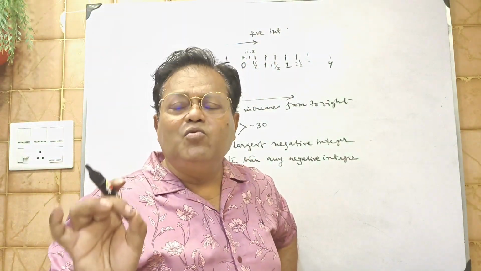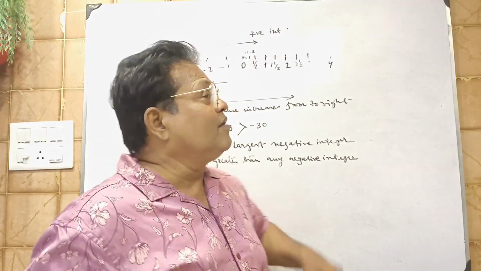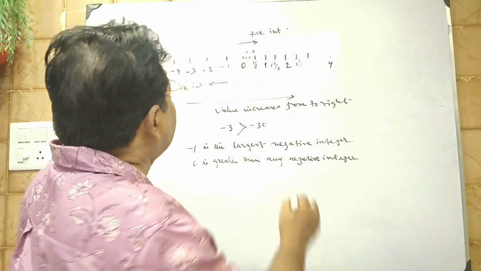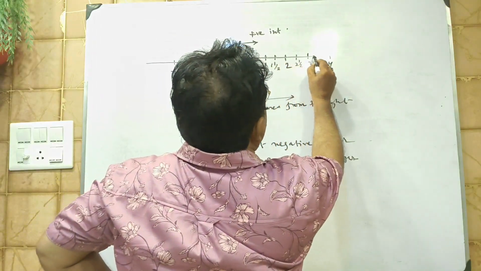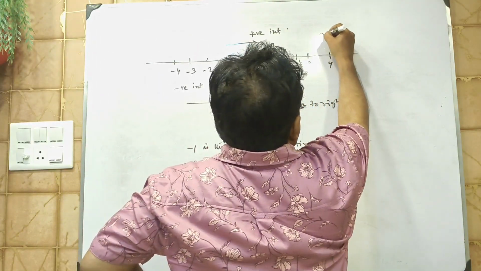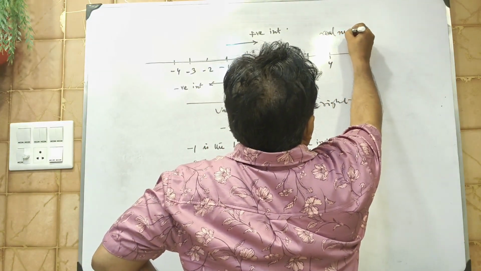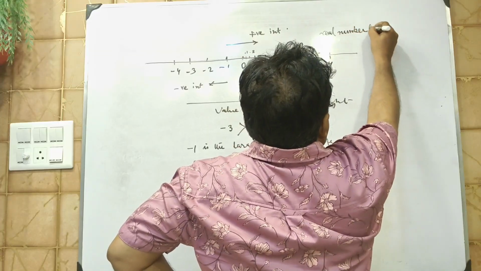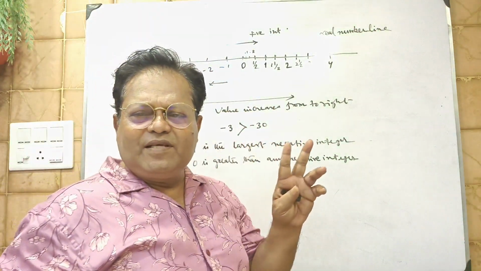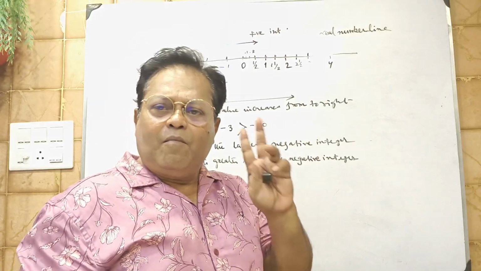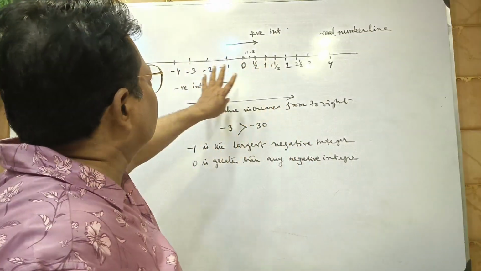But how do you identify the irrational numbers on this real number line? It is a real number line where two types of numbers must be there, that is rational and irrational. Both must persist here.